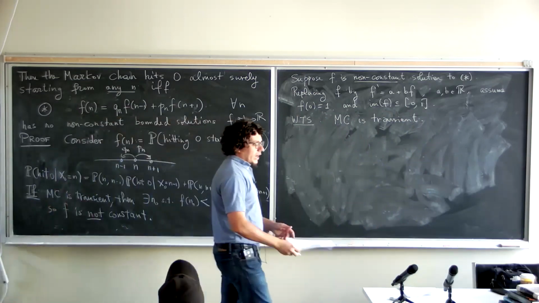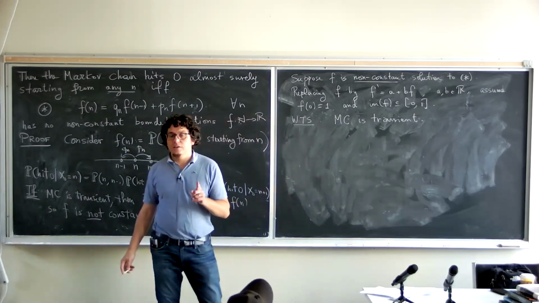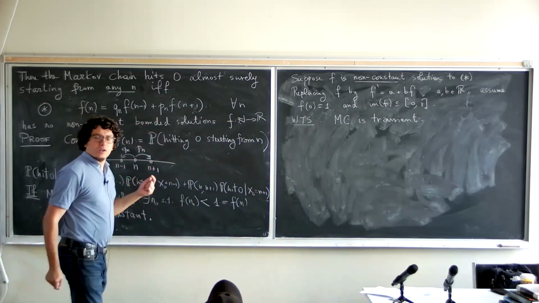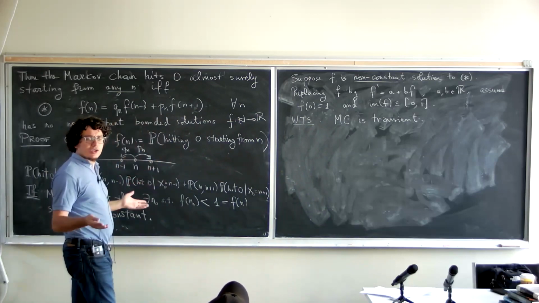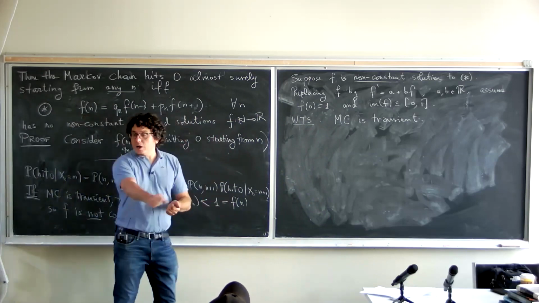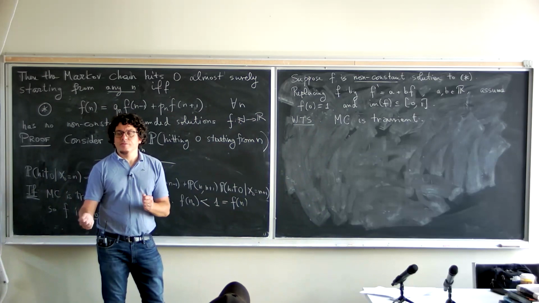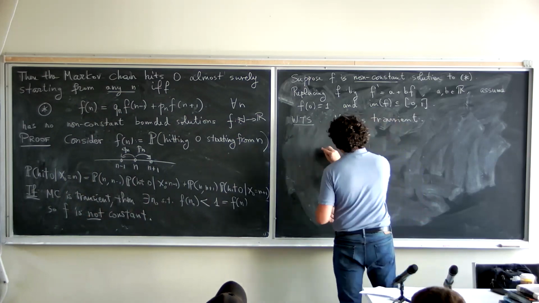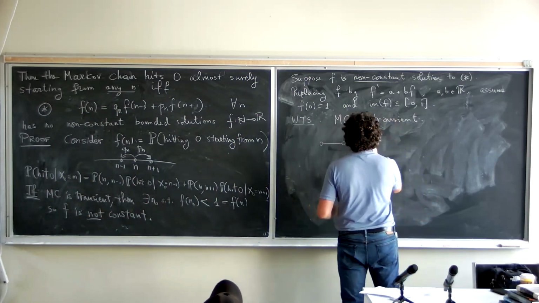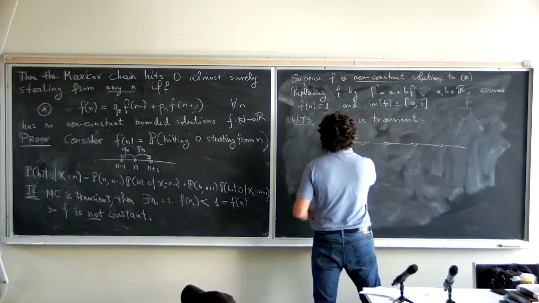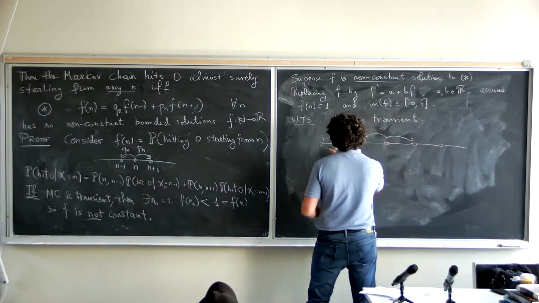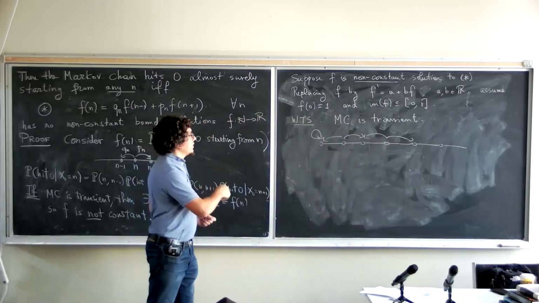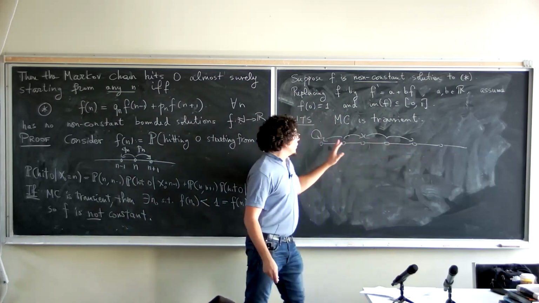So what's the idea here? We have a function now. This function is not a probability function, it's just some function. But we can run the chain. So think about this. Suppose you're running this chain, and suppose, for instance, that this chain always converges to 0.